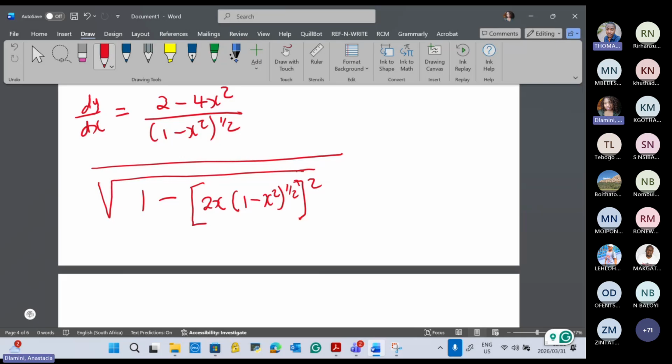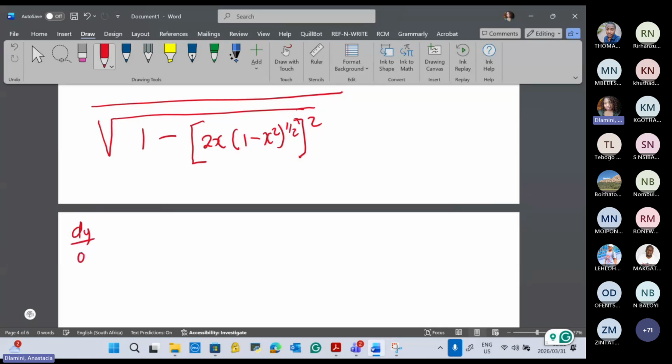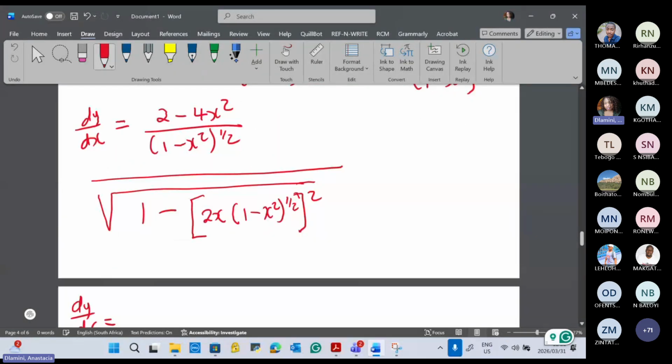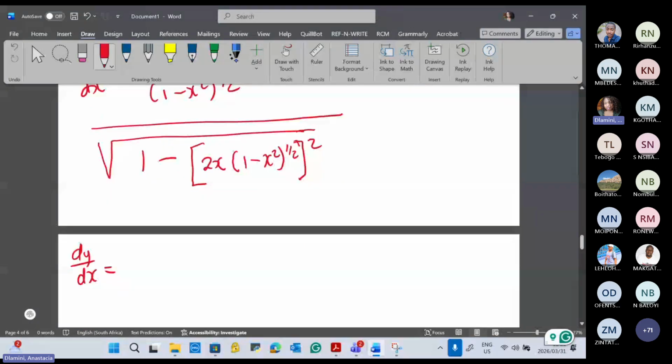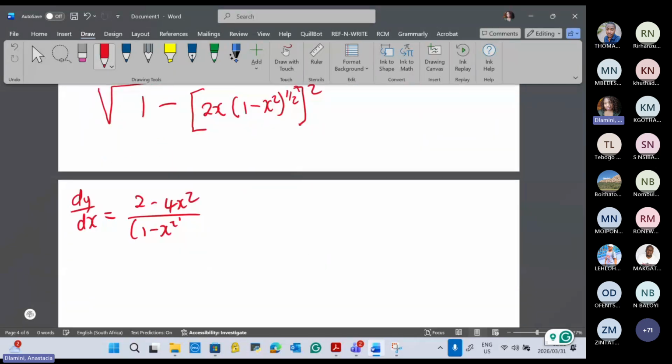Yes, ma'am. Now, I like writing it like this, so that I don't get confused: dy over dx is equal to 2 minus 4x squared over (1 minus x squared) to the power of half, divided by whatever is under the square root, 1 minus.